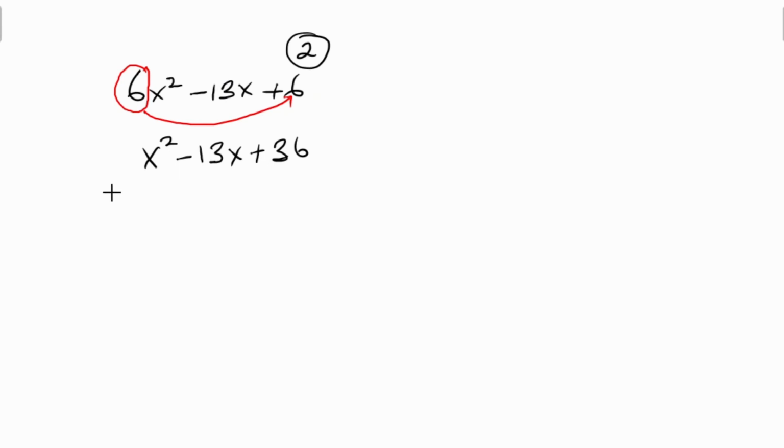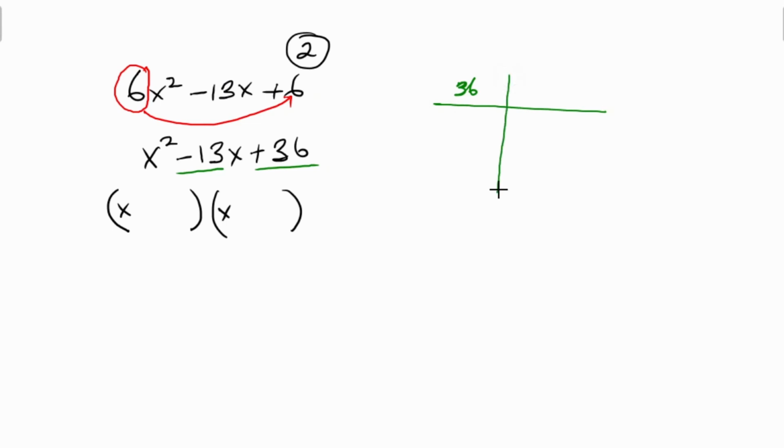Then we are going to have the factors in two parentheses. So you can put them here and place the x in each of them, since we have x squared here. Then we get two factors of 36 that when we add, we get negative 13. So we put our 36 here, with the factors, then we find the sum of the factors.